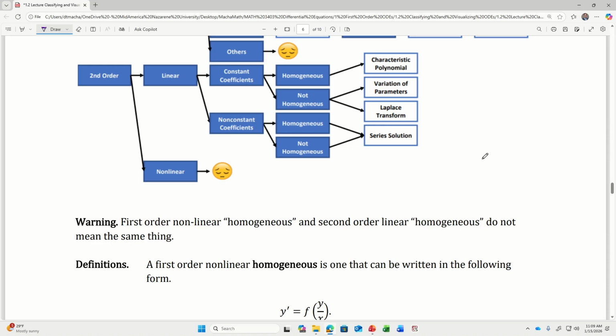For our third test in this class, we're going to take a look at second order linear ODEs that have constant coefficients that are not homogeneous that we'll solve with Laplace transforms, and then we'll take a look at second order linear non-constant coefficient ODEs that we'll solve with power series solutions. And if you ever see a second order nonlinear ODE, that's not for this class. We're just not going to solve that here. Not going to think about it.